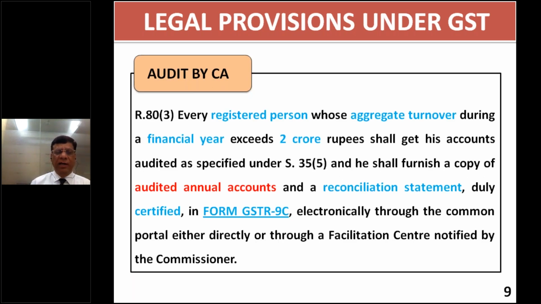Sub-rule 3 says that every registered person whose aggregate turnover during a financial year exceeds 2 crore. Now this is important because it is specifying the turnover. Here the term used is aggregate turnover.